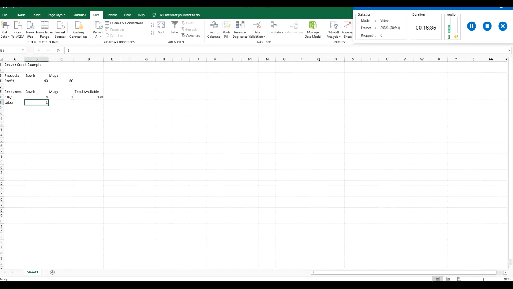Now we know a bowl is 1 hour of labor, a mug is 2 hours of labor, and we have 40 hours of labor available. All we're doing is taking information we've found previously and we wrote into our equation format, and we're writing it into the Excel spreadsheet. That's what we've done so far.